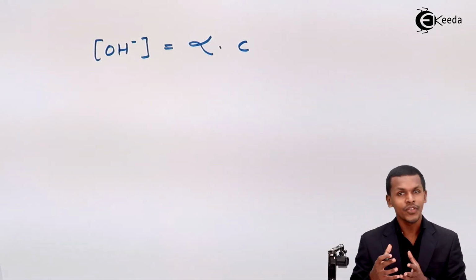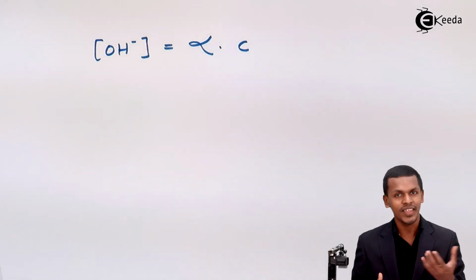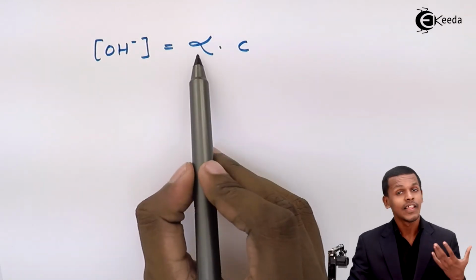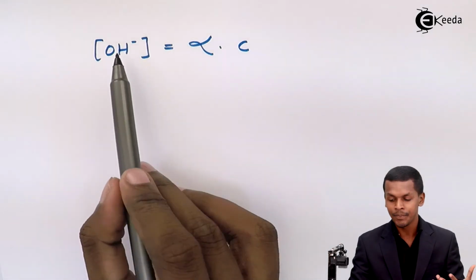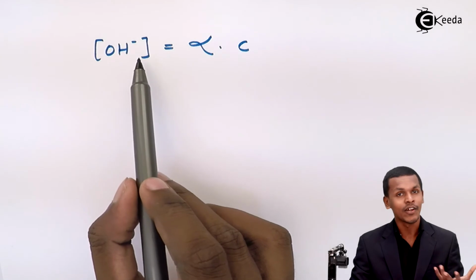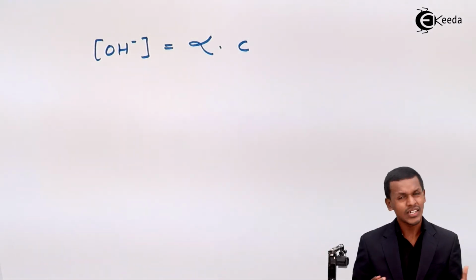Because of this, only some dissociation will happen for the weak base, that is, only this much part of the weak base will be dissociated, and that results in the OH minus ion concentration.